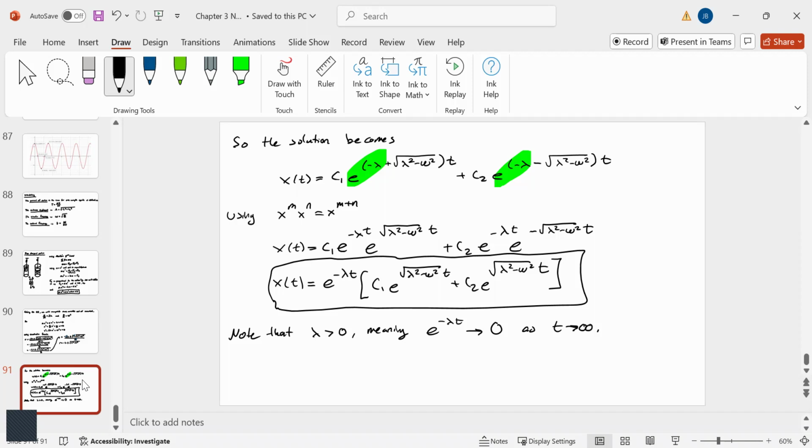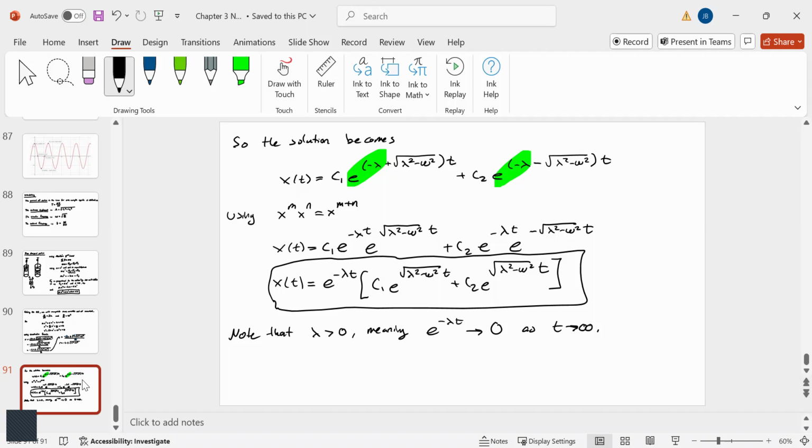But the math enforces that through the logic of e to the negative t going to 0 as it goes to infinity through a limit, and then that lambda, because of how we define our constants, always has to be positive. That reinforces that notion. So it works out mathematically and intuitively through physics and energy that motion will stop eventually.